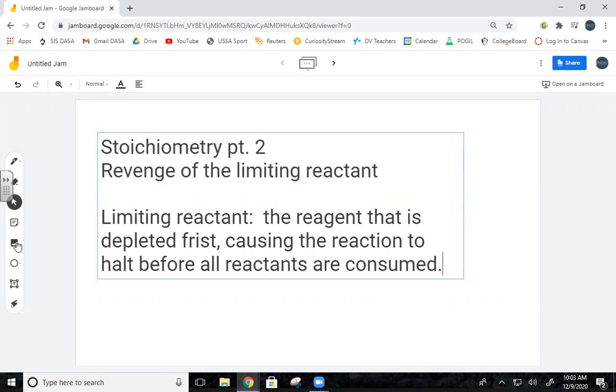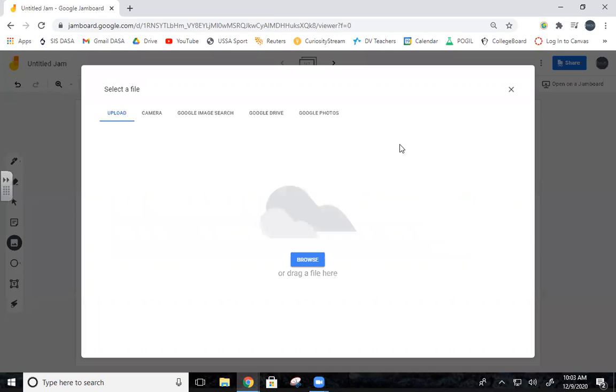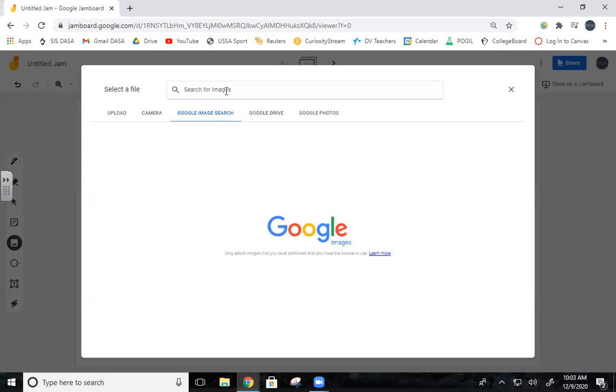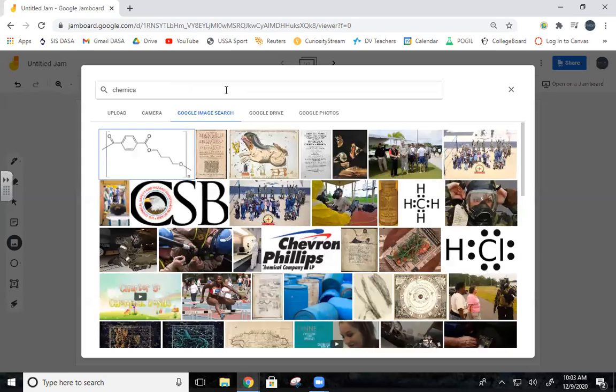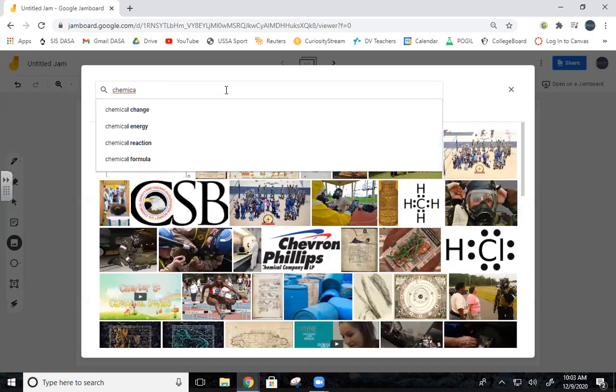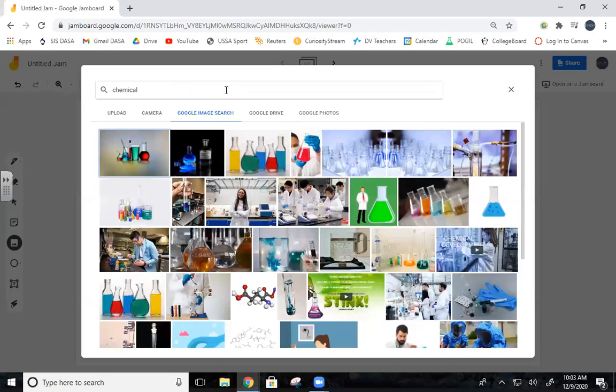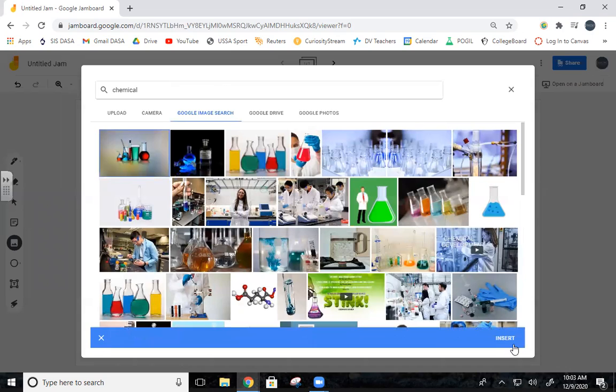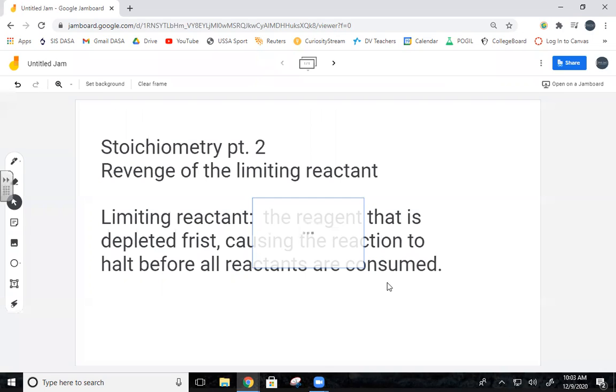Let's find a picture because I like to be pretty sometimes. Would you chill? Oh boy, not Chemica. Yeah, let's throw that one in there. That looks sciencey.